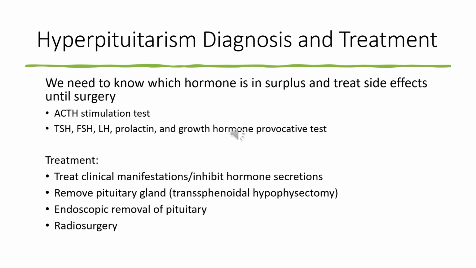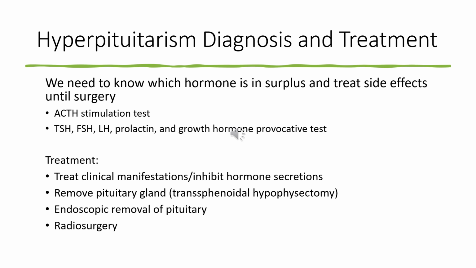So when we have hyperpituitarism, we often have to do surgery. That's where they'll either go in through the nostril or above the top lip, and they'll take basically a long skinny tube and go up to the pituitary gland and clip it. It's a very significant surgery.